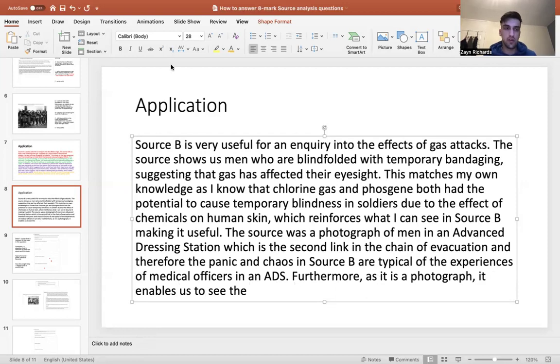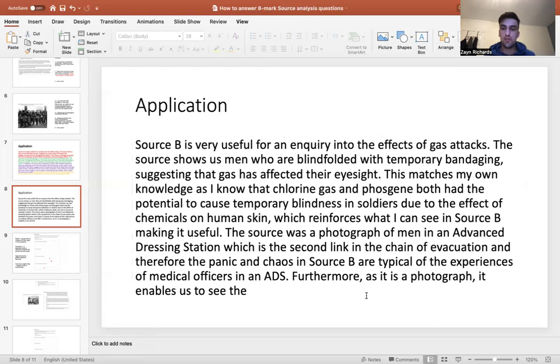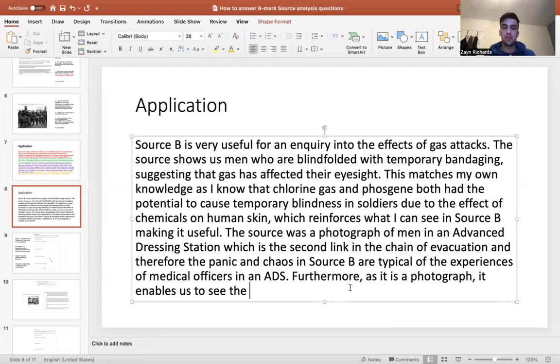In fact, I'll talk about the fact that they're also crowded together. So, as a photograph it enables us to see the physical and psychological, to see for ourselves.